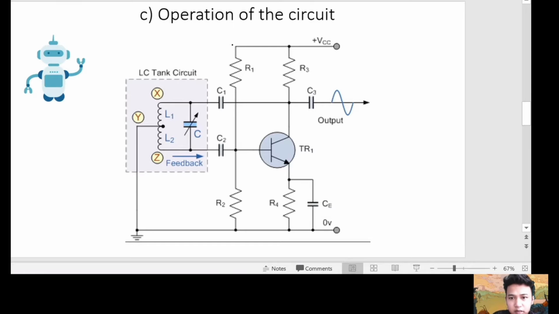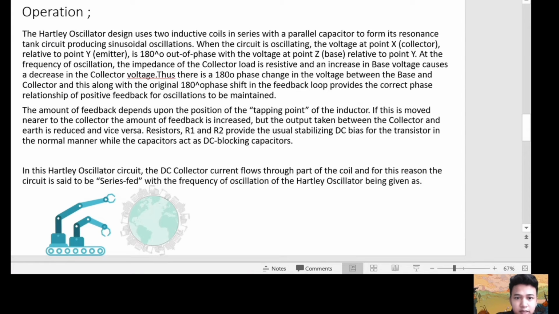This is the circuit for the operation. For this operation, the Hartley oscillator design uses two inductive coils in series with a parallel capacitor to form its resonance tank circuit producing sinusoidal oscillation.